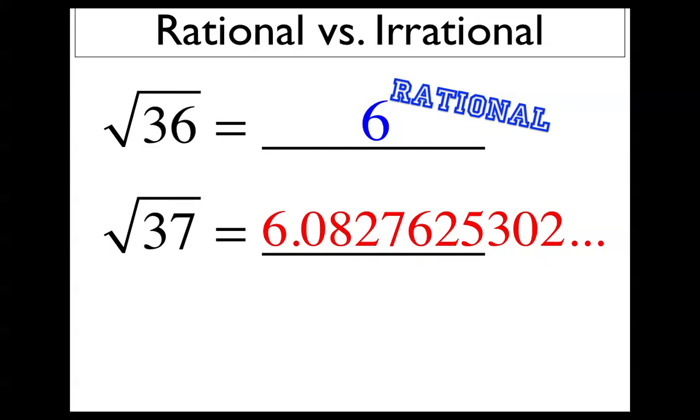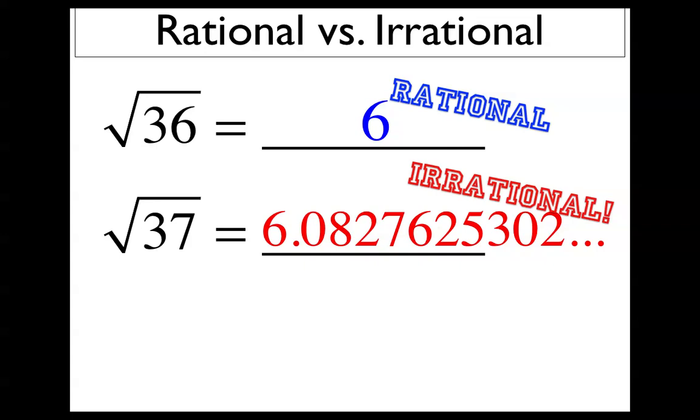And this isn't like one of those nice repeating decimals like 333333333, or even one that has a pattern like 1717171717. This is just a string of digits that has no pattern, and that right there is what we call an irrational number.